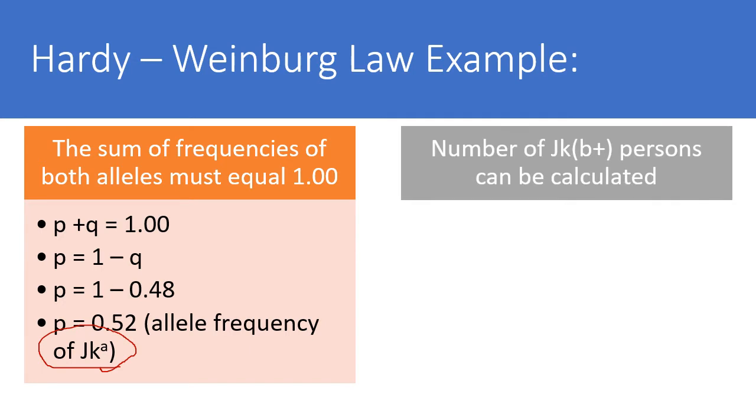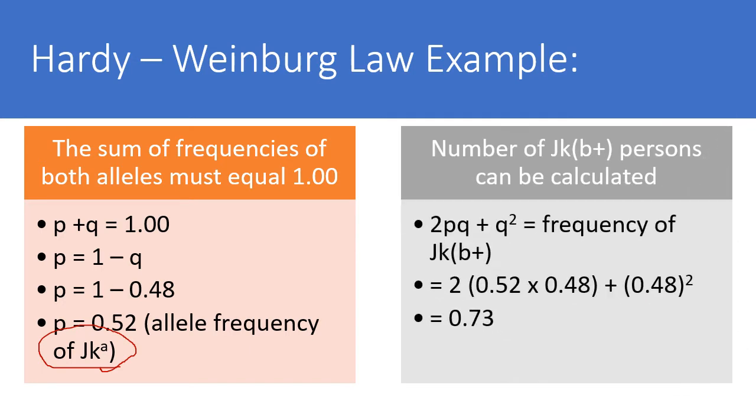The number of JKB persons can be calculated. 2PQ plus Q squared is the frequency of JKB. Why is that? Because 2PQ includes people who are JKA positive and JKB positive, and then Q squared includes the people who are JKB positive.